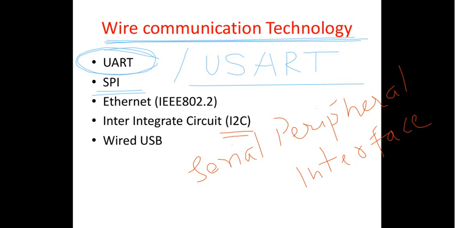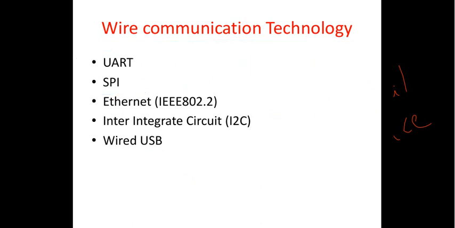Then you have the wired USB, which you are very much familiar with. So these are some of the other technologies that we need to look into as long as the wired communication technologies are concerned. Okay, now let us try to see these one by one very quickly.